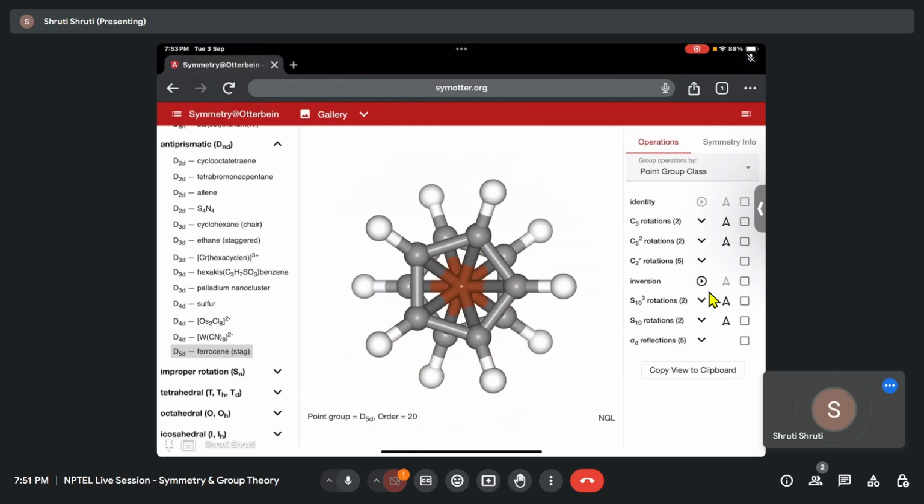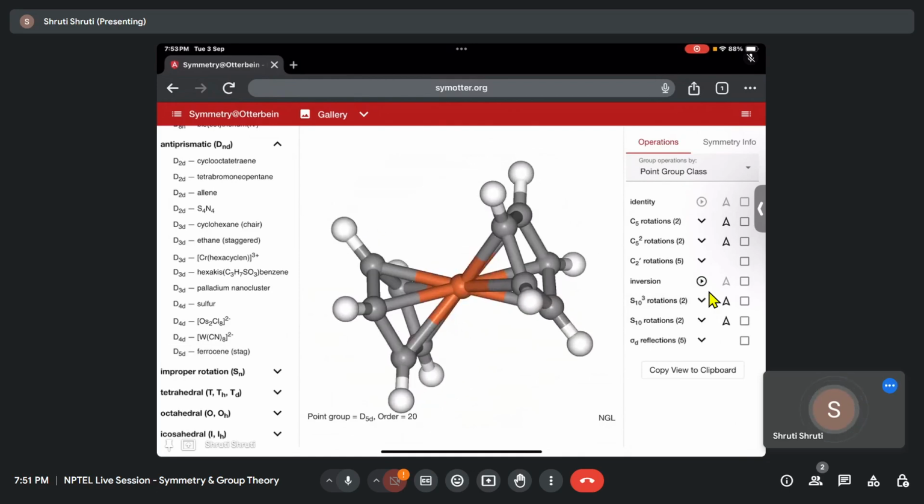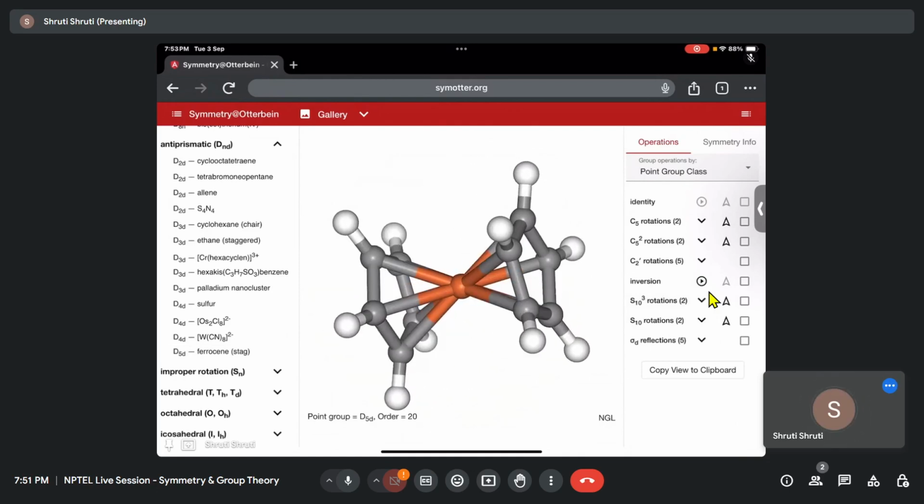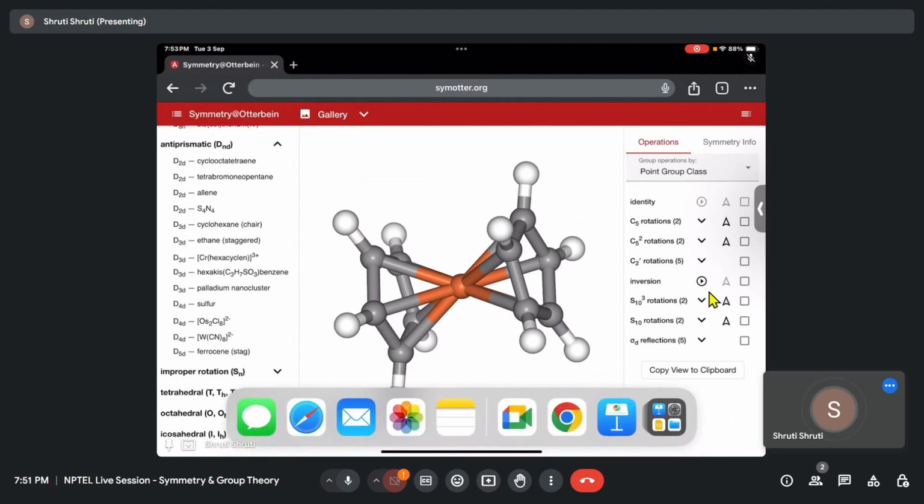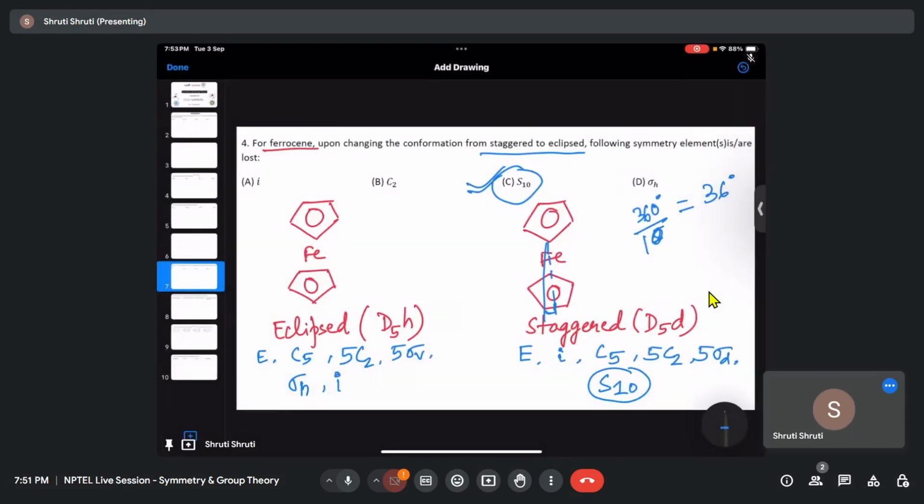See in the staggered. So we lose sigma h as well.